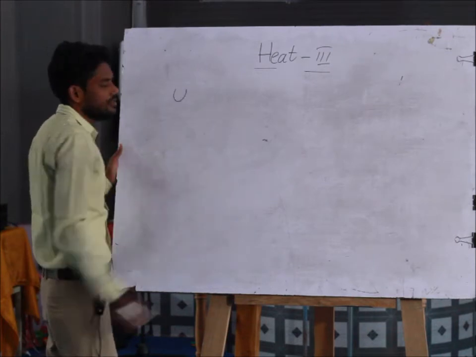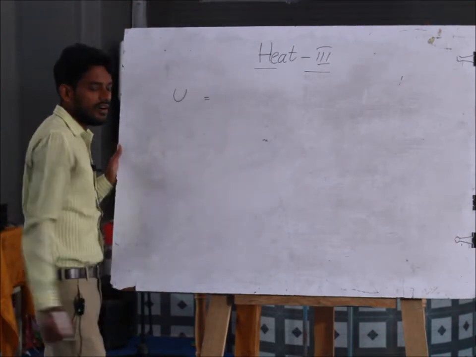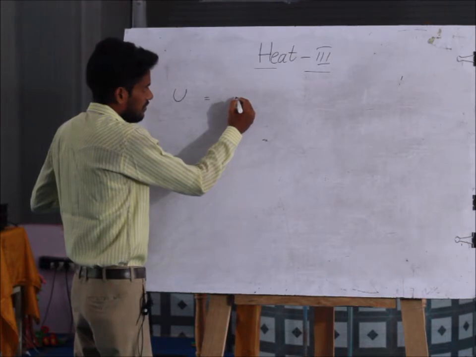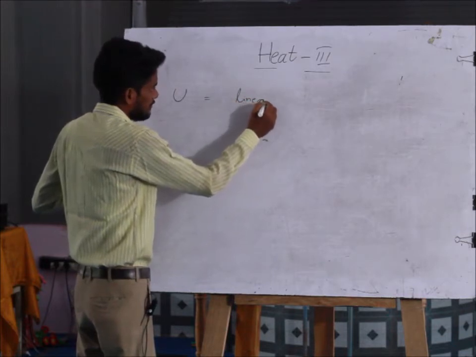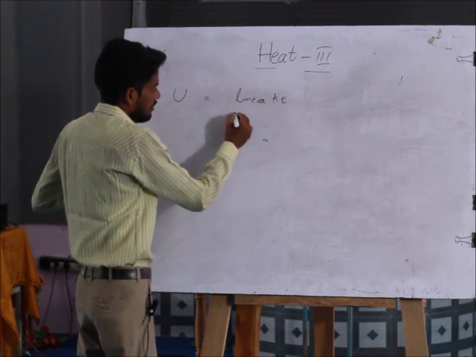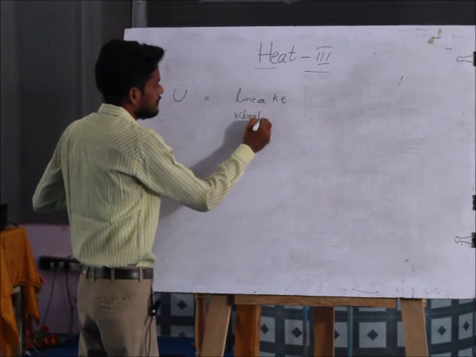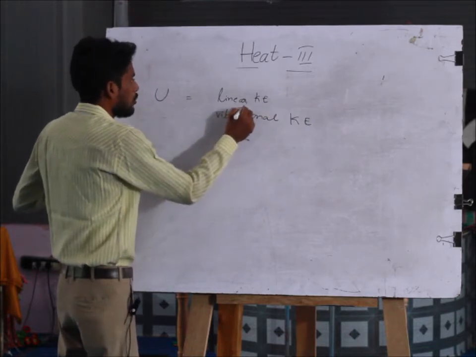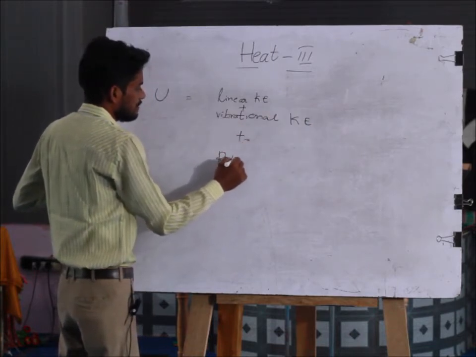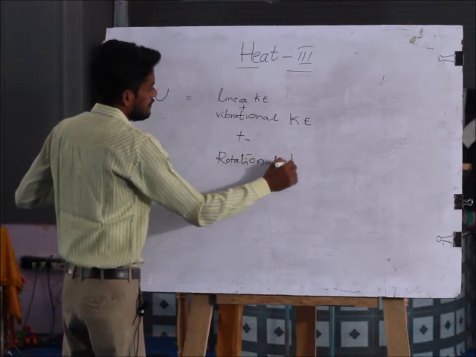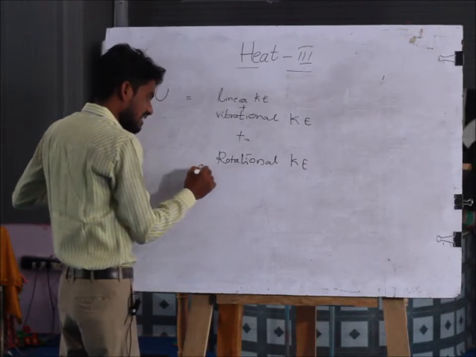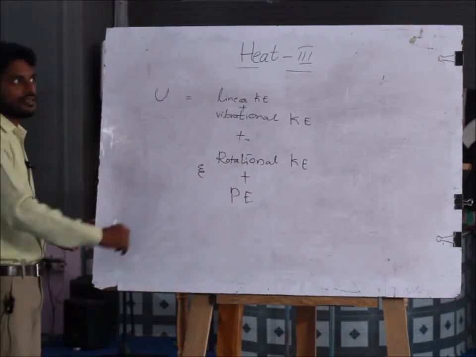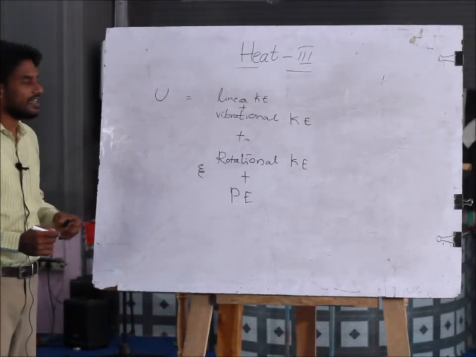Internal energy, generally indicated by capital U, is the sum of the molecules' linear kinetic energy, vibrational kinetic energy, rotational kinetic energy, and potential energy in the substance.